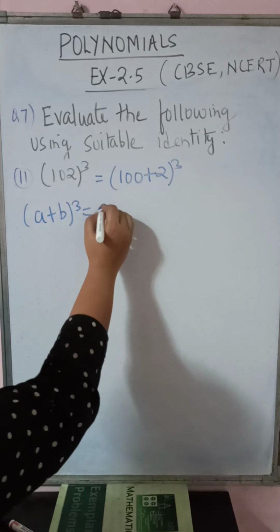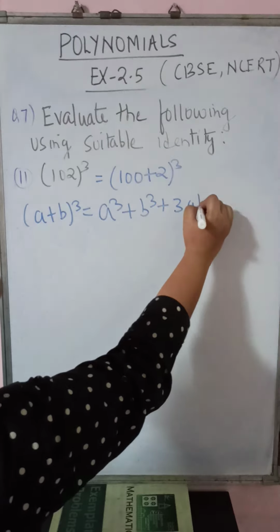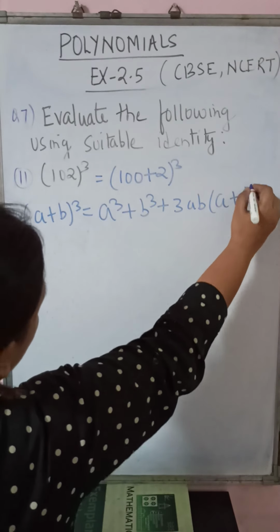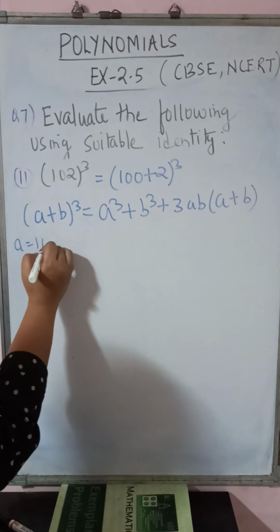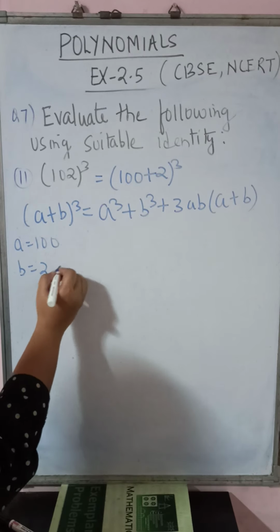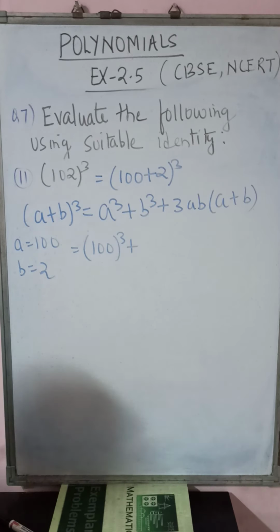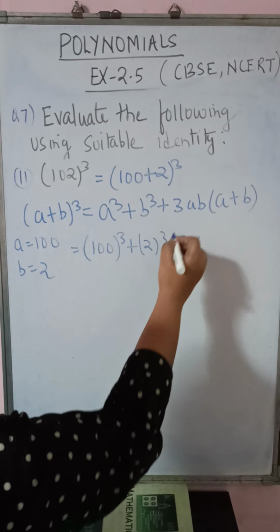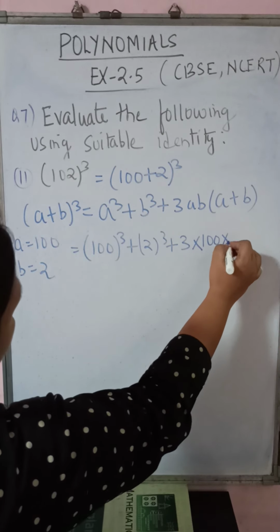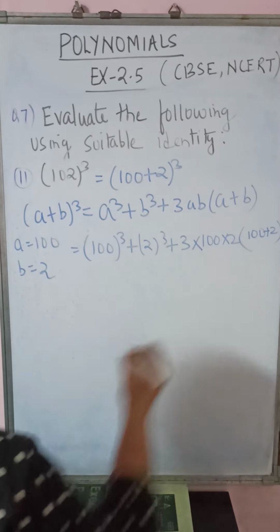So you know (a plus b) whole cube is a cube plus b cube plus 3ab into (a plus b), all plus signs. a is 100 and b is 2. So a cube means 100 cube, b cube means 2 cube, plus 3 into, what is a? 100. What is b? 2. a plus b means 100 plus 2.